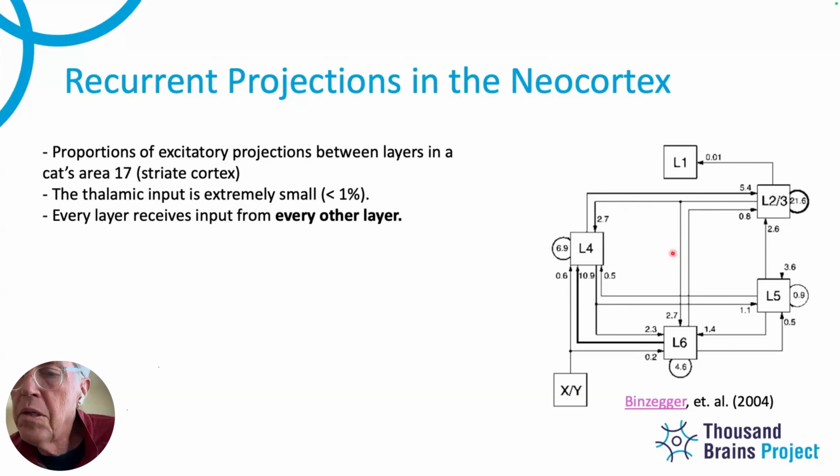But the problem there is that layer 1 has all these apical synapses from layers 2, 3, and layer 5, and those aren't shown here at all. These are useful diagrams, but they can be extremely misleading.